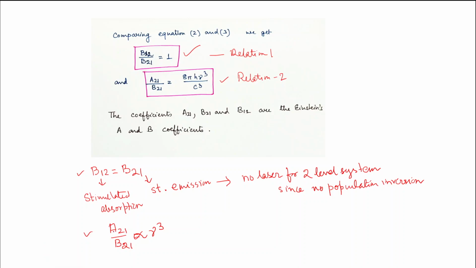Now let's move on to this final part, A21 by B21, which is proportional to nu cube. A21 is the rate of spontaneous emission, and B21 is the rate of stimulated emission. So this shows that the probability of spontaneous emission dominates over the induced or stimulated emission more and more, and as the energy difference between these two increases, this dominance becomes more and more.